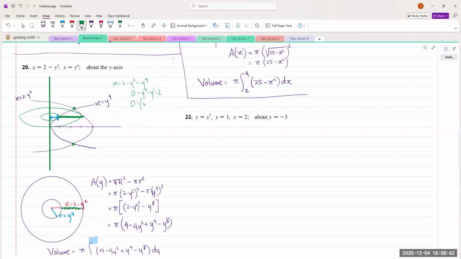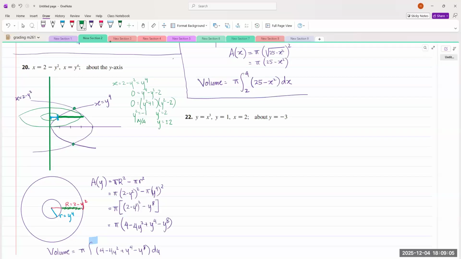So y squared plus 2, y squared minus 1. Okay, so y squared equals to -2, of course, that will not happen, or y squared equals to 1.